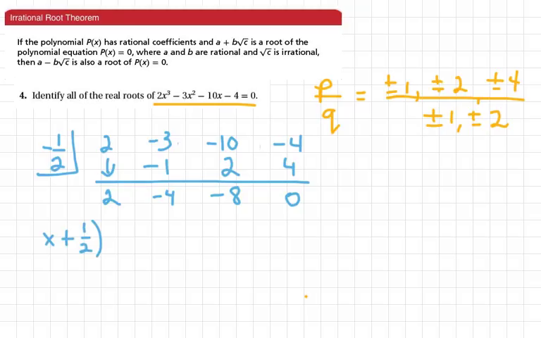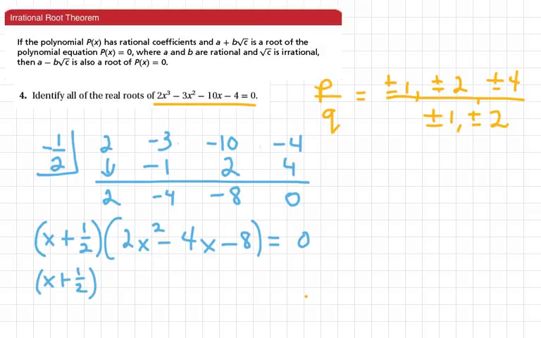Remember, if a solution is -1/2, then our factor is x plus 1/2. And we're left with 2x squared minus 4x minus 8 equals 0. We can factor a 2 out of that, and we get x plus 1/2 times 2 times x squared minus 2x minus 4.